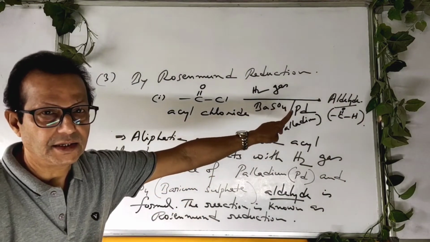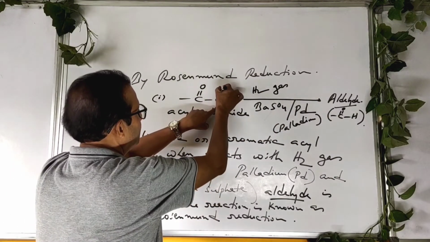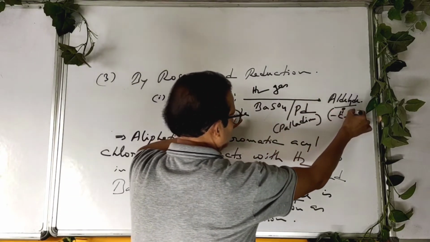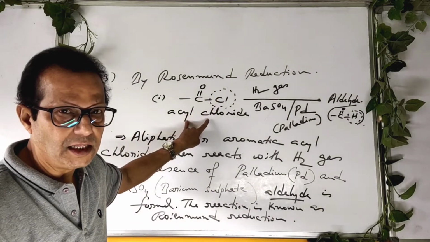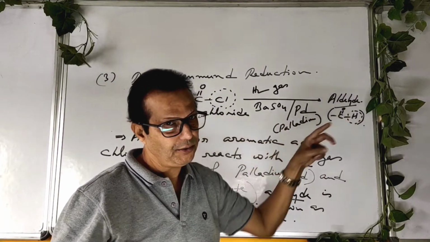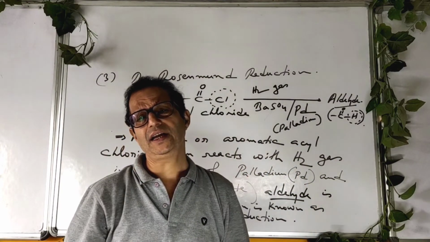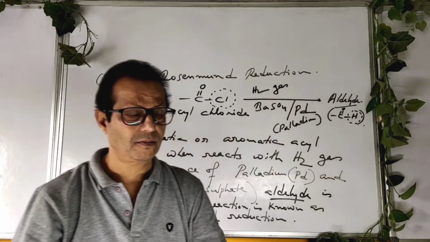So you see that during Rosenmund reduction, just change the Cl group of acyl chloride into hydrogen. You get the required aldehyde. This is the technique. Remember it. Chemistry stands on technique.